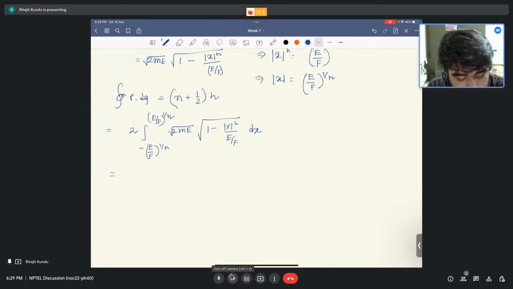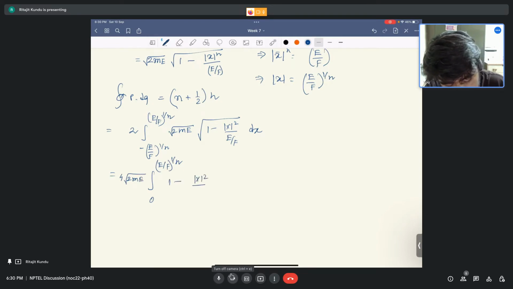Before doing that, this function is an even function, so I can make this limit between 0 and E by F to the power 1 by n, with the integral multiplied accordingly, dx.